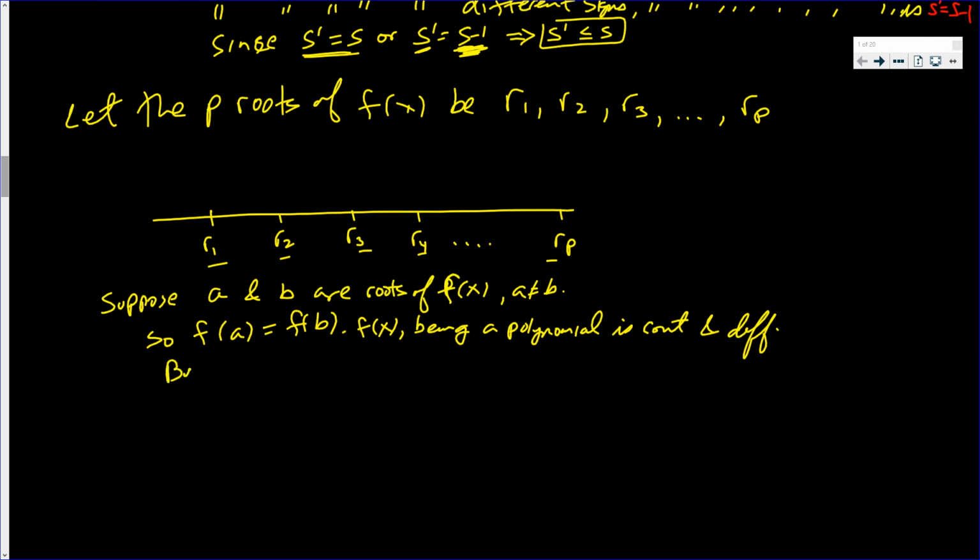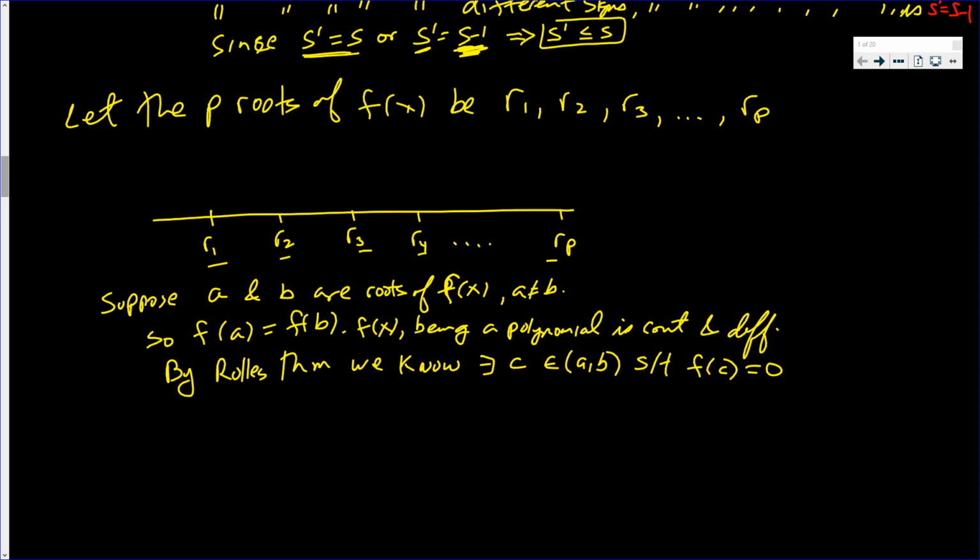Now, by Rolle's theorem, where did this come from? By Rolle's theorem, we know that there exists a C in the interval AB such that f prime of C is 0.